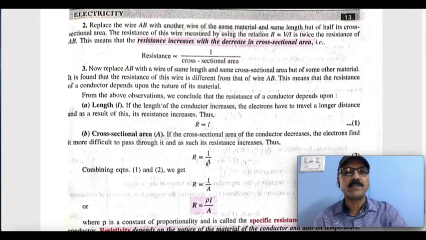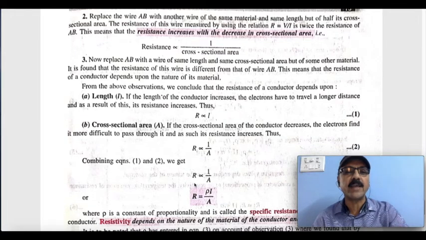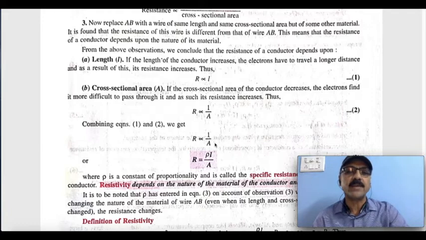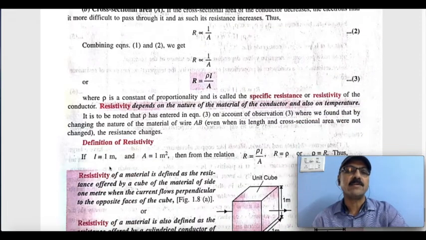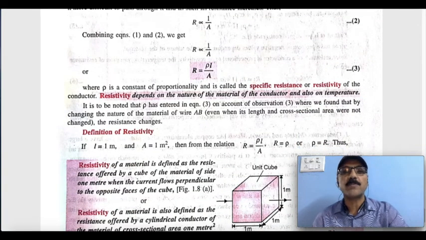Combining the first and second relations, we get R directly proportional to length upon area, L by A. If the proportionality is removed, a constant is introduced, which is called rho. This is the symbol of rho, which denotes the resistivity, where rho is the constant of proportionality and it is called the specific resistance or resistivity of the conductor.